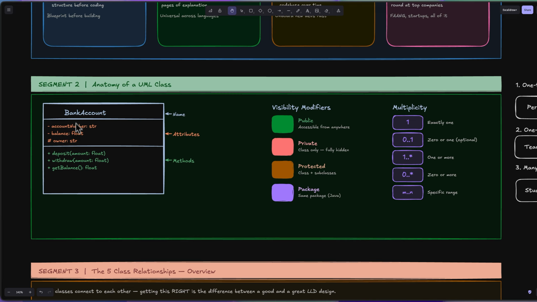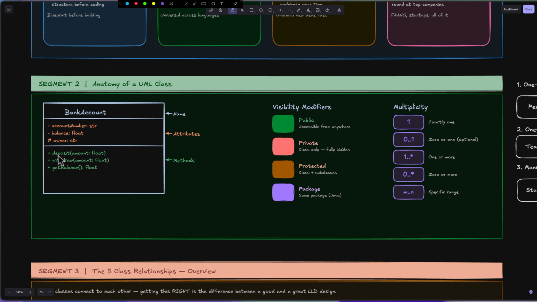All these are attributes on this class bank account. Similarly, you'll also have methods, right? So all these things are methods like deposit, withdraw, balance, right? All these three things are methods that are defined on the class bank account. So this is how you represent a class in terms of UML diagrams, right? This is a visual notation of a class.